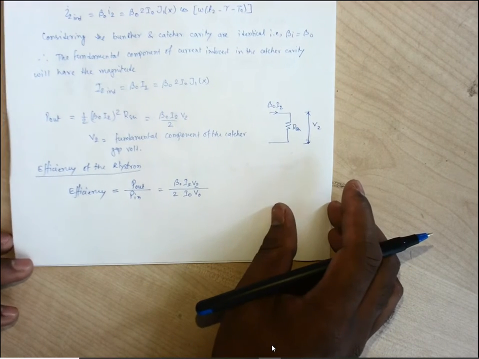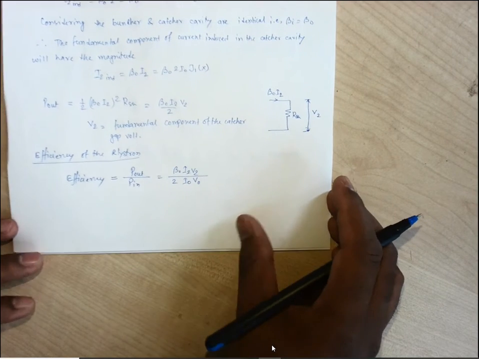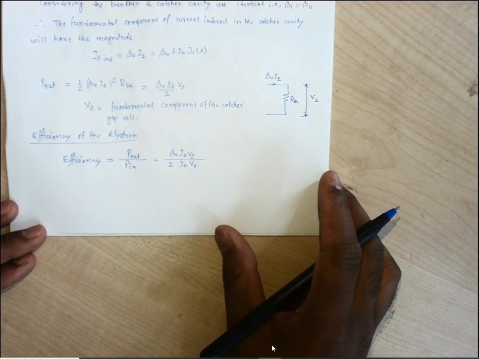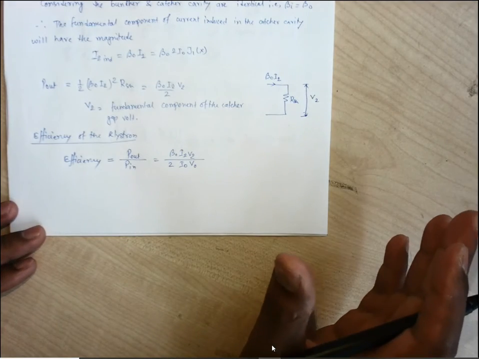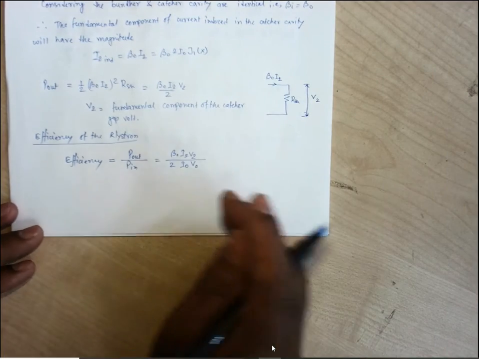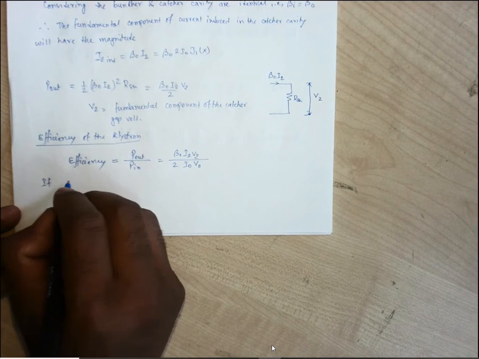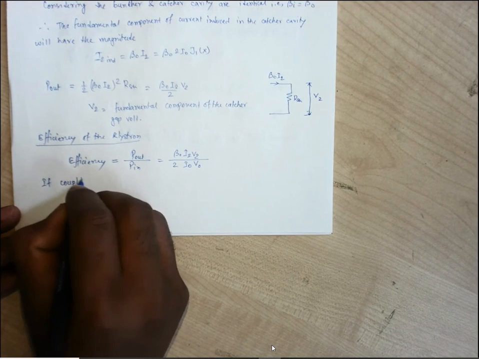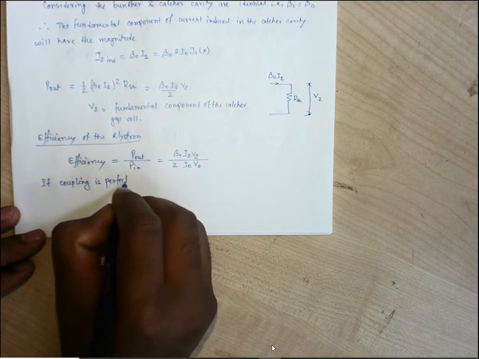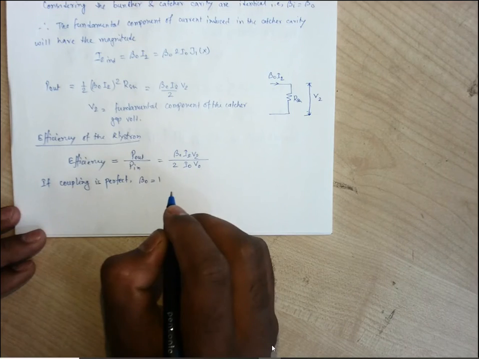Now if the coupling is perfect, beam coupling is perfect, that is maximum numbers of electrons have been coming into the picture for producing a bunch, that is beta naught is 1. If coupling is perfect, beta naught is equal to 1.